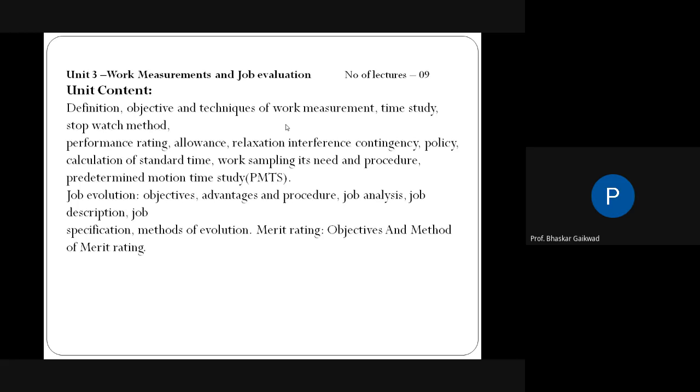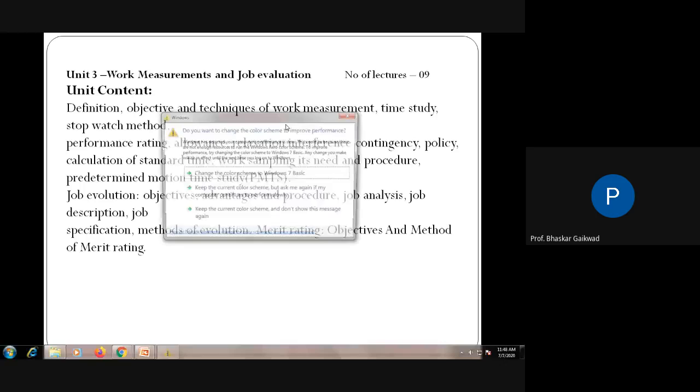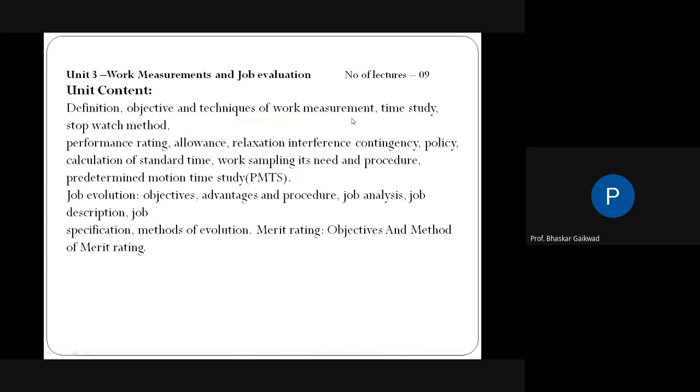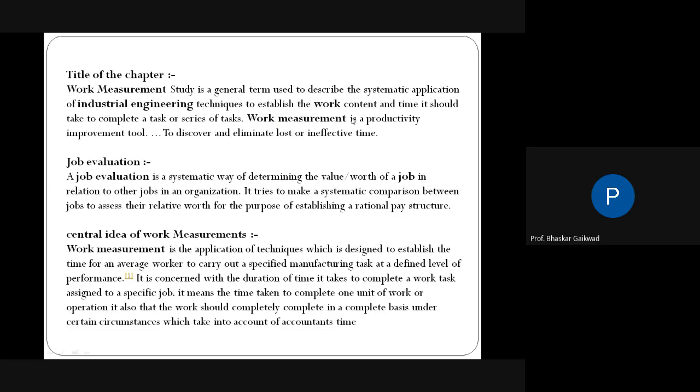It covers work measurement, how to calculate the standard time, what is work sampling, what is predetermined motion time system, job evaluation, objective, advantages, procedures, and at last merit rating, its objective and method. This is our syllabus. Okay. After that, we have gone to the title of the chapter. Why is the title given like this?